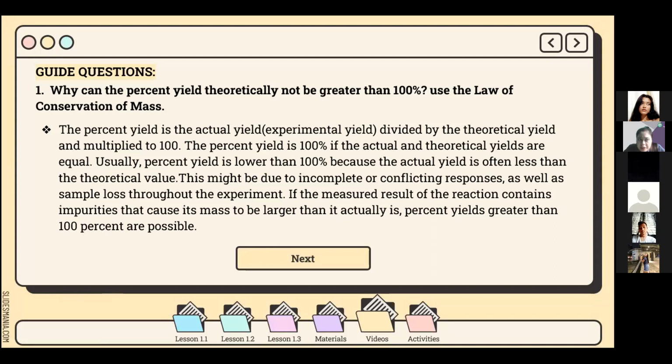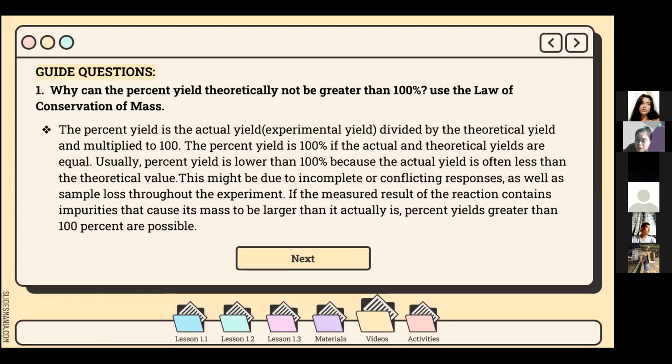So remember, according to the law of conservation of mass in a chemical reaction, the matter cannot be created nor destroyed. So pwede magkaroon ng rearrangement, 'di ba, may double displacement na nangyari, exchange partners, but when it comes to the amount of the matter of the substance, supposedly parehas lang yun siya. Hindi dapat siya mabawasan, hindi dapat siya madagdagan. That's the law of conservation of mass.